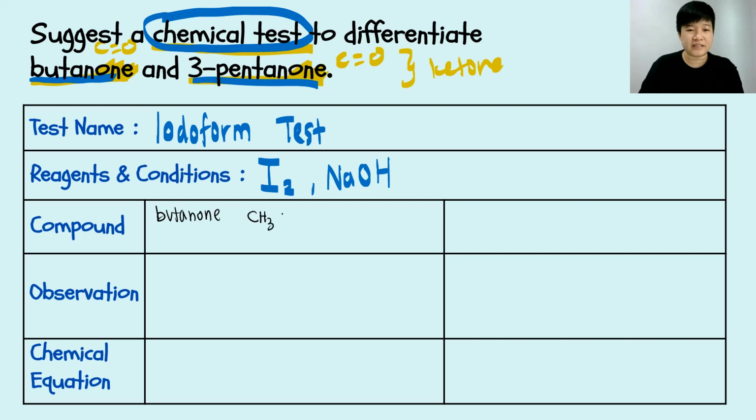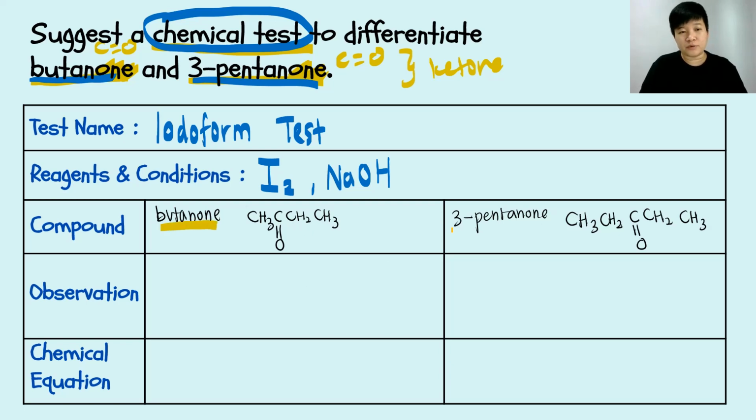So you have your CH3, C double bond O, CH2, CH3. That is your butanone. Your 3-pentanone over here means it's a 5-carbon ketone where your carbon number 3 is holding the double bond O. So your 3-pentanone should look something like this. Carbon number 3 holding double bond O and complete the 5 carbon.